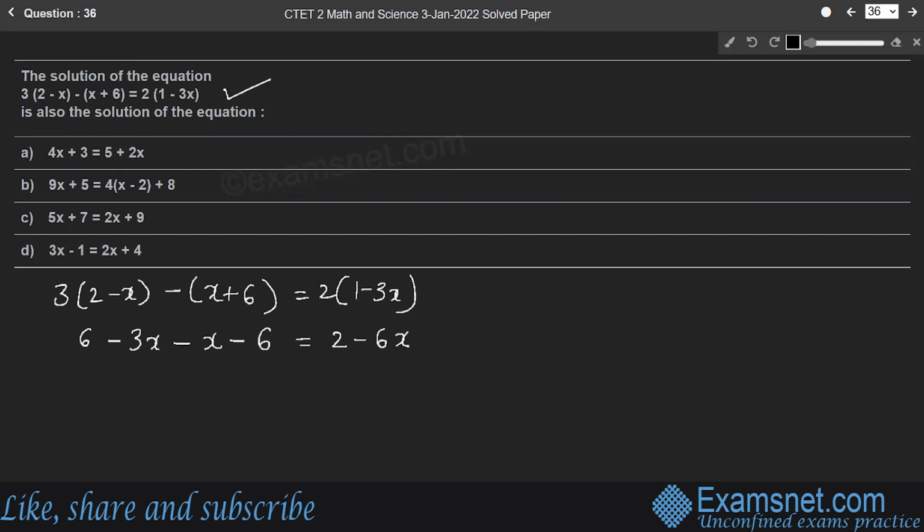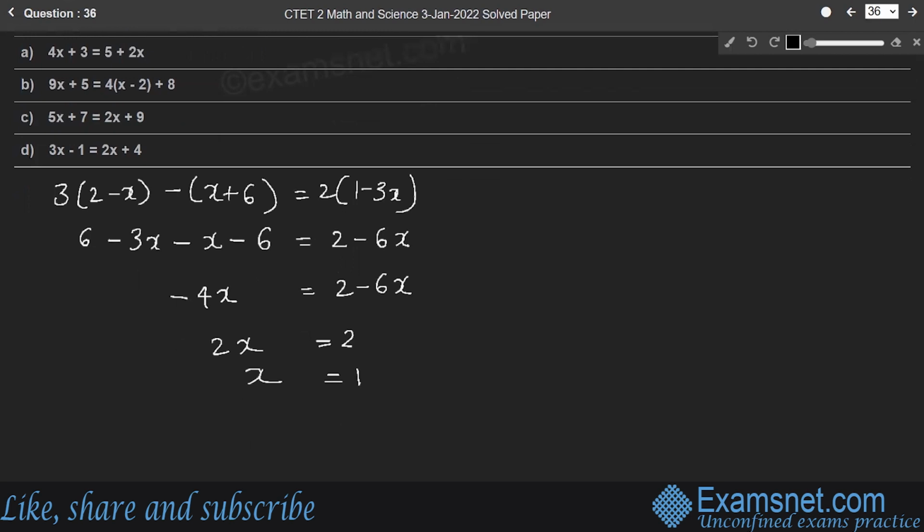So 6 and 6 will get cancelled. Minus 4x is equal to 2 minus 6x. Therefore, 2x is equal to 2, x is equal to 1. So this is the solution of the given equation.